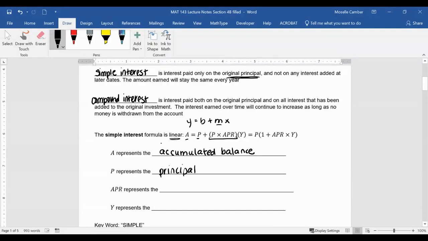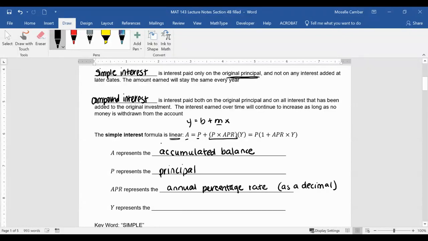So you take your APR, so that's your annual percentage rate. You change it to a decimal. And so your interest is going to be that percentage rate of your principal.